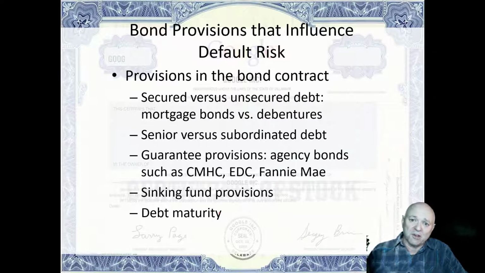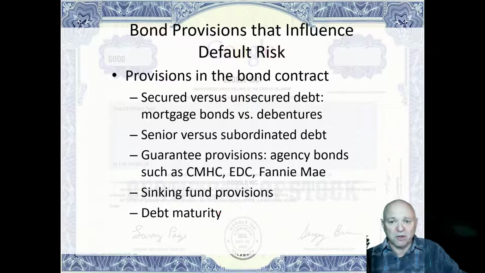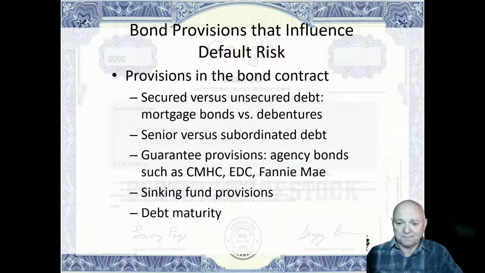They're only secured by the credit of the issuer. So if General Motors issued a bond that was only secured by their credit, that was considered to be a debenture. If the City of New York issues bonds that are secured by buildings that are put up, then that would be a bond or a mortgage bond.